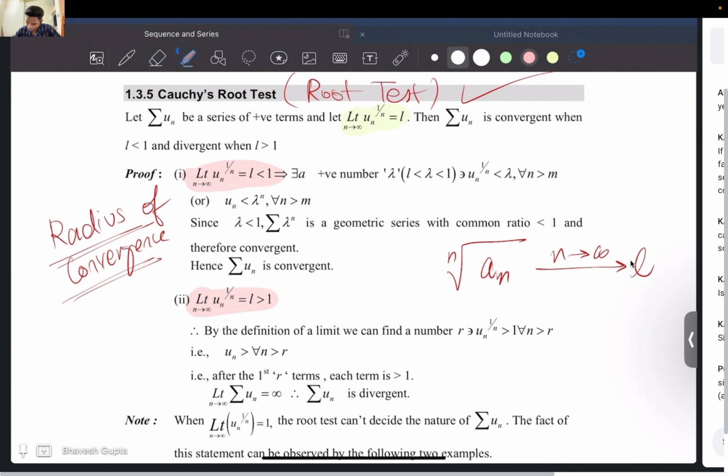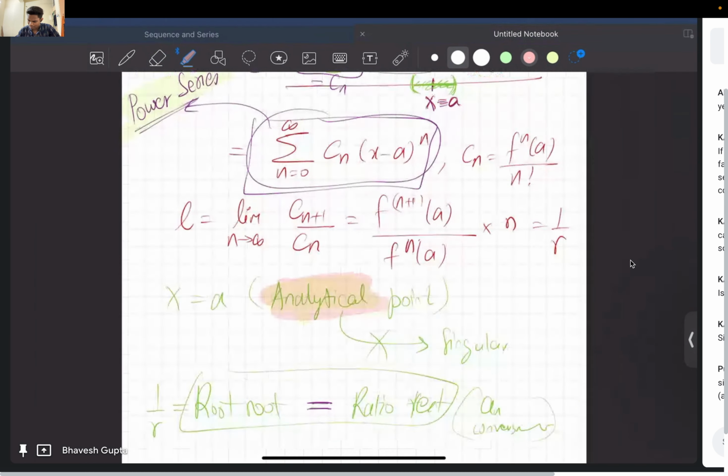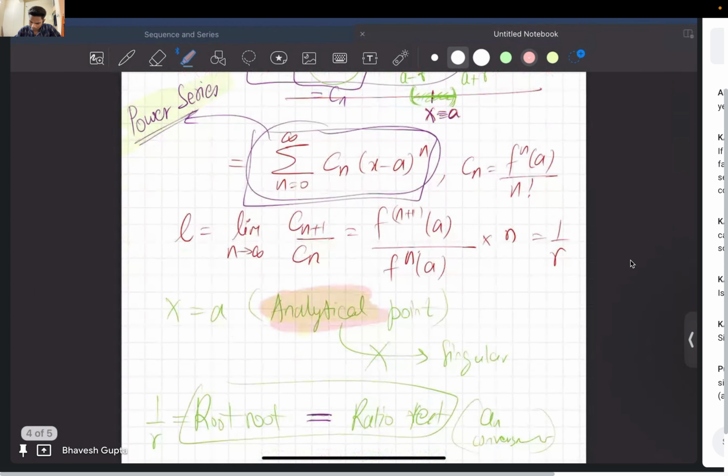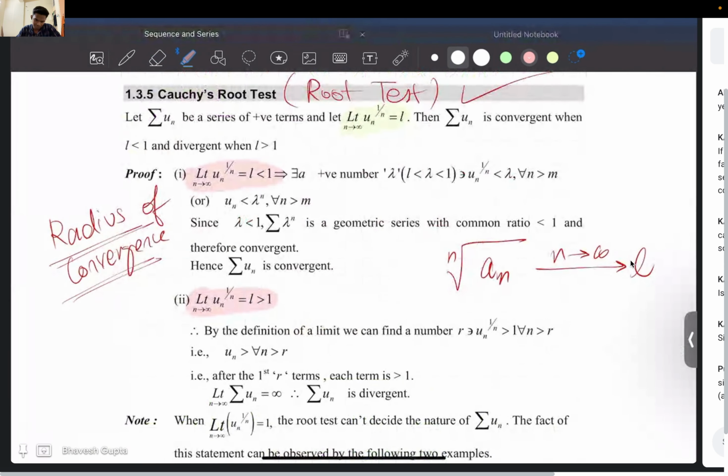Over here, I have told you this geometrical thing. That is called the radius of convergence. That's the geometrical picture. Again I'm repeating, the radius of convergence basically tells you the neighborhood around that point to which this particular series is valid. Valid in the sense that the series is convergent.